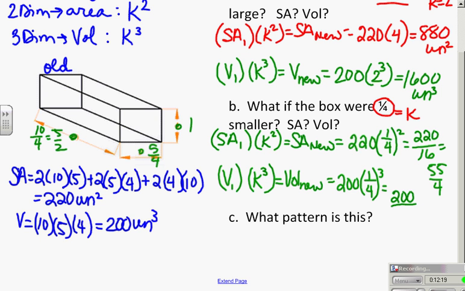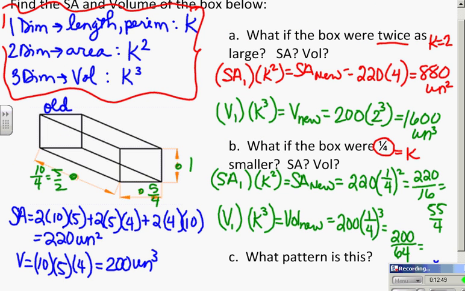So the volume of my original was 200, times k cubed is going to be 200 over 64, which reduces. So 200 over 64 reduces to 25 over 8.